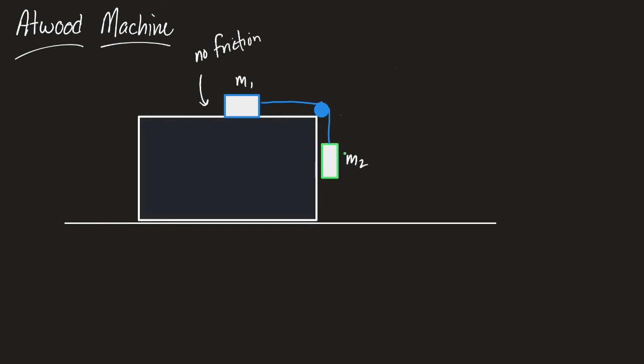The tension in the string around a pulley will be the same everywhere on the string. Now, in all caps, if the pulley has no mass.